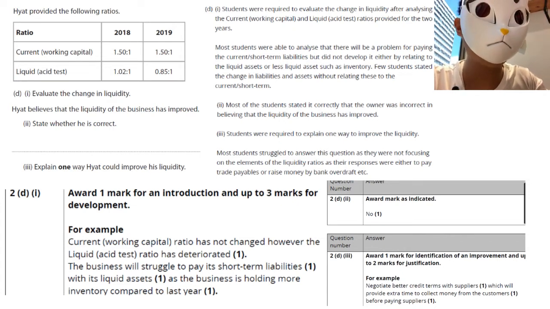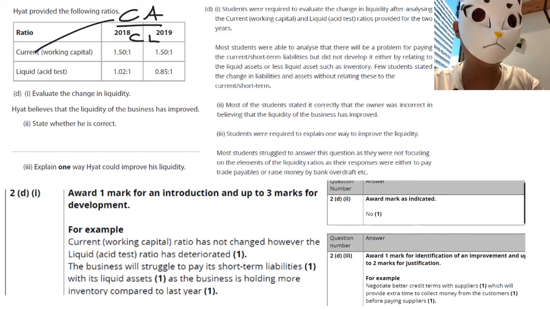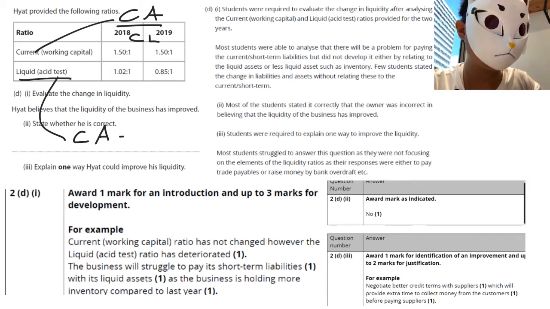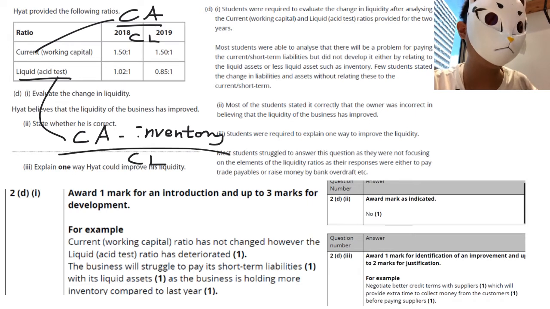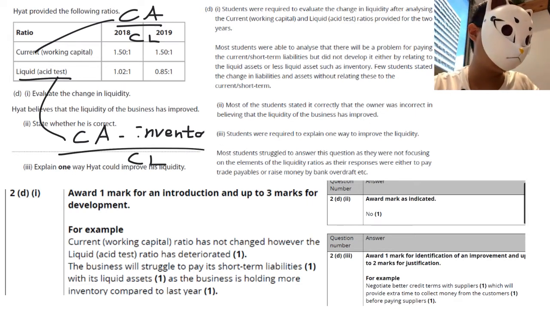The formula for the current ratio would be current assets over current liabilities. On the other hand, for the liquid ratio, the formula would be current assets minus the closing inventory over current liabilities. So the difference lies in whether the inventory is included in the calculation.